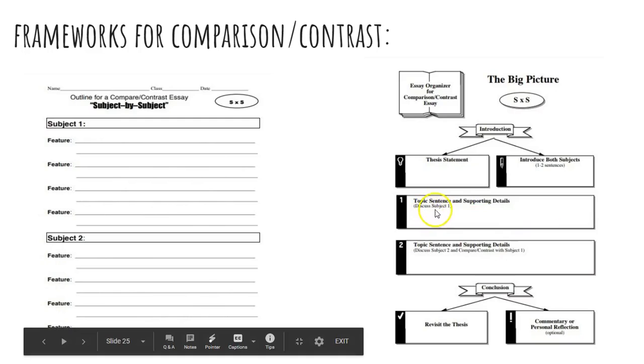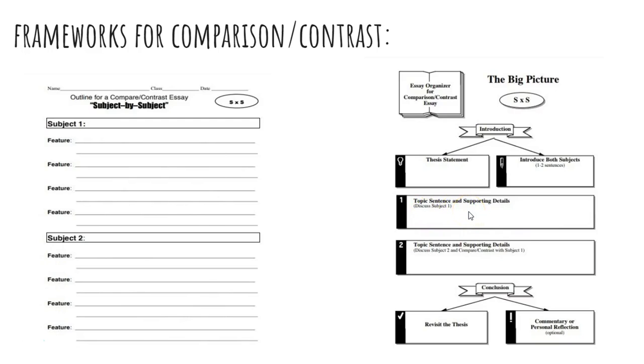So, as I previously stated, body paragraph 1, you're going to discuss subject 1. Body paragraph 2, you're going to discuss subject 2, which will be your second author. And then you're going to compare it with subject 1 or contrast it with subject 1.